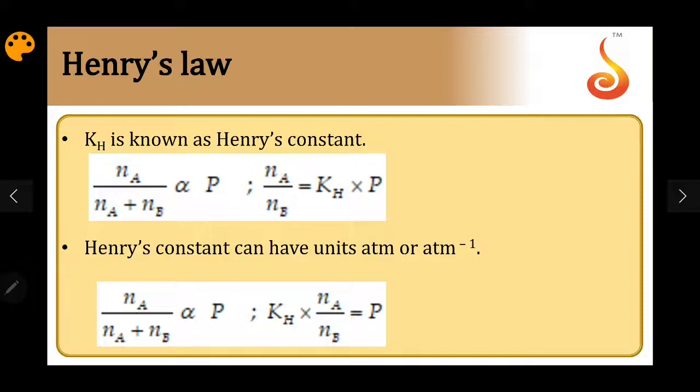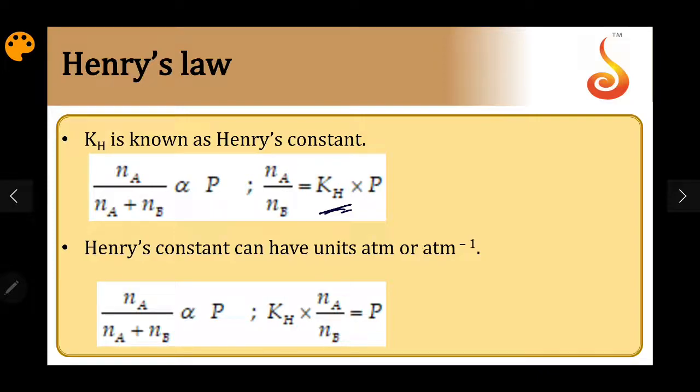So I can write that Na by (Na plus Nb), the mole fraction of the gas, is directly proportional to P. For gases in liquids, the number of moles of liquid will be too large compared to the number of moles of the gas being dissolved, so I can neglect the number of moles of gas in the denominator. I can say Na by Nb is proportional, and the proportionality constant is called Kh, Henry's constant.